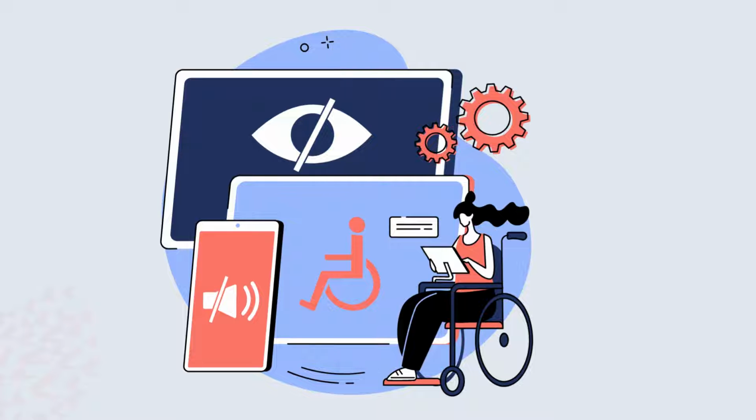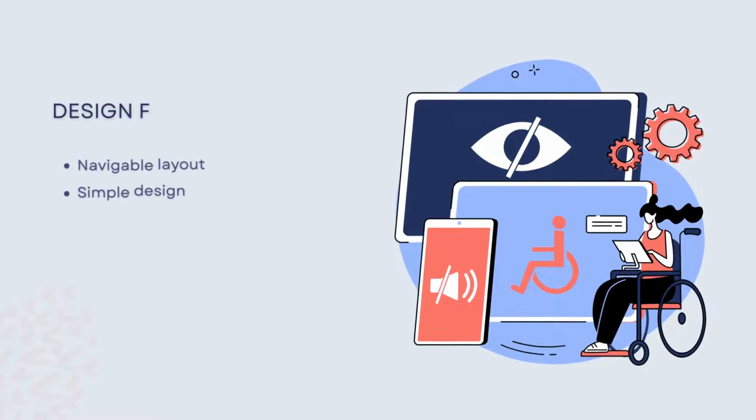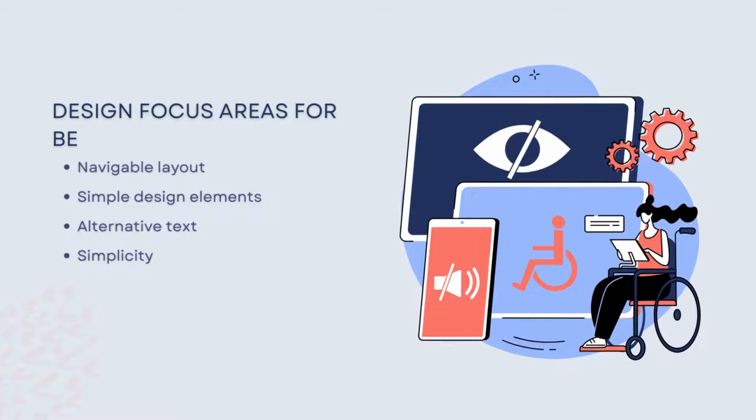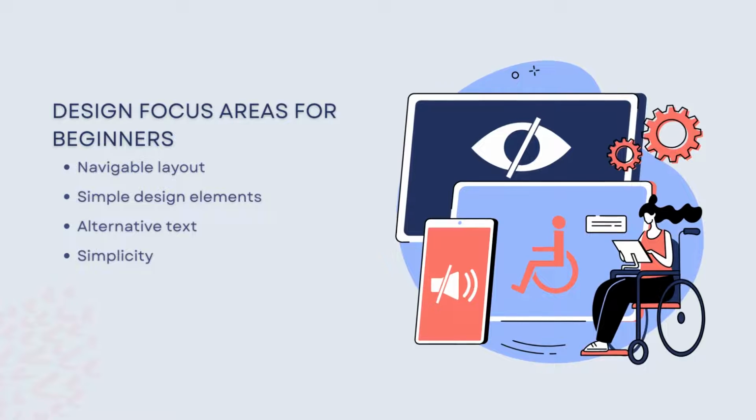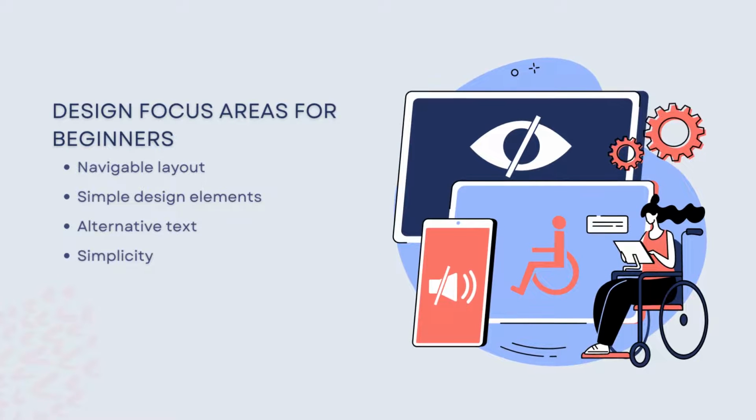First, we need to have an understanding of how people with disabilities interact with our content. We use elemental guidelines to make content accessible by focusing on foundational design areas. For beginners, we need to consider how our design choices impact users.